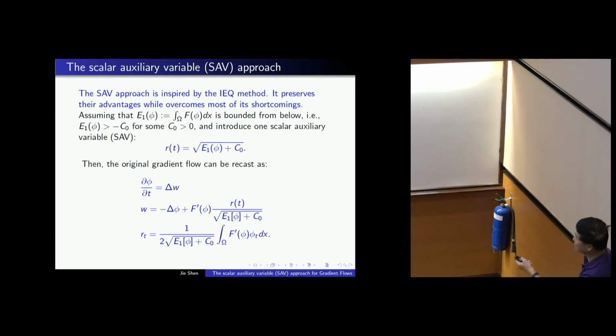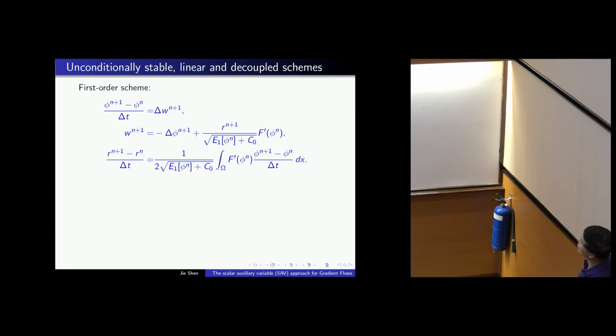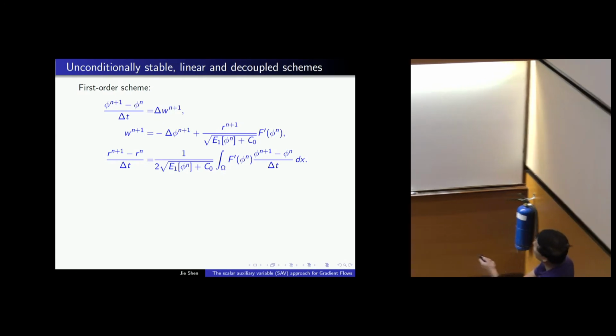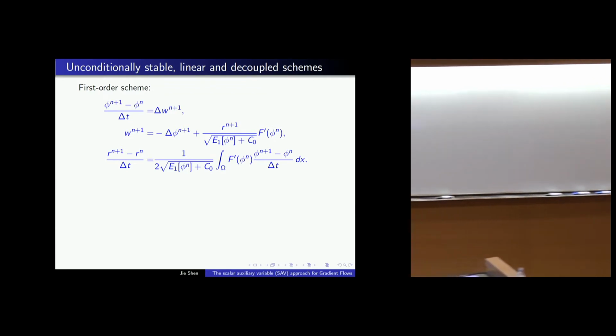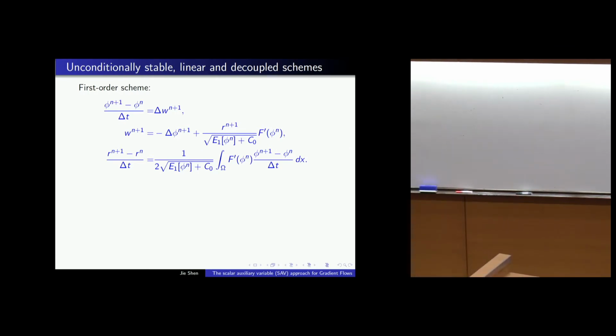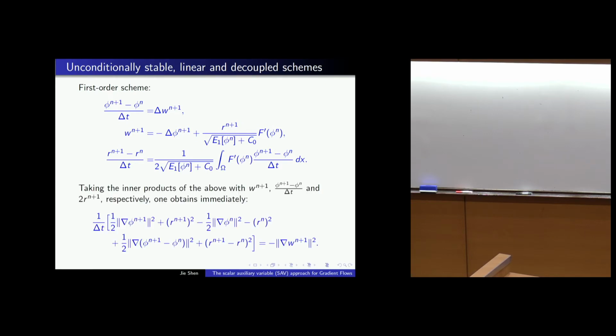And of course, the trick is at the discrete level. Here, just like in the IEQ, you deal with R^(n+1) implicitly, and the rest of the terms explicitly. Also, anything involving the nonlinear term, you deal with explicitly.